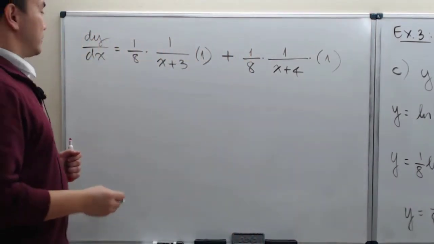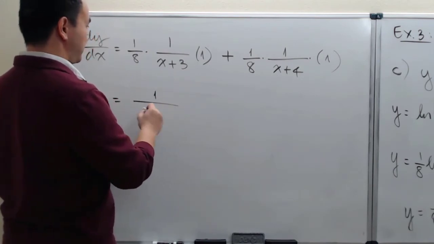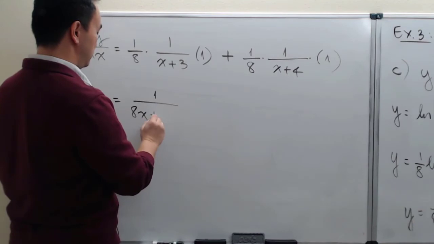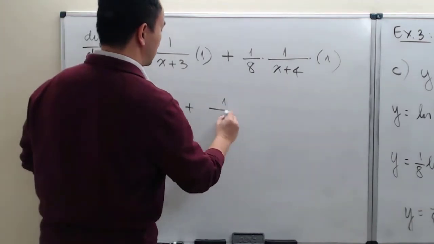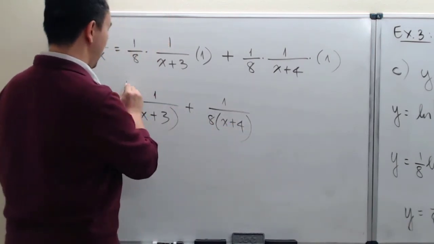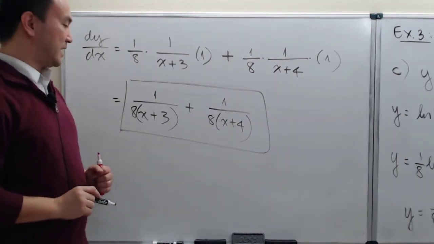Okay, and so now in one expression, for the first term, 1 over 8 times (x plus 3), plus 1 over 8 times (x plus 4), and that is how we've got our derivative for that function.